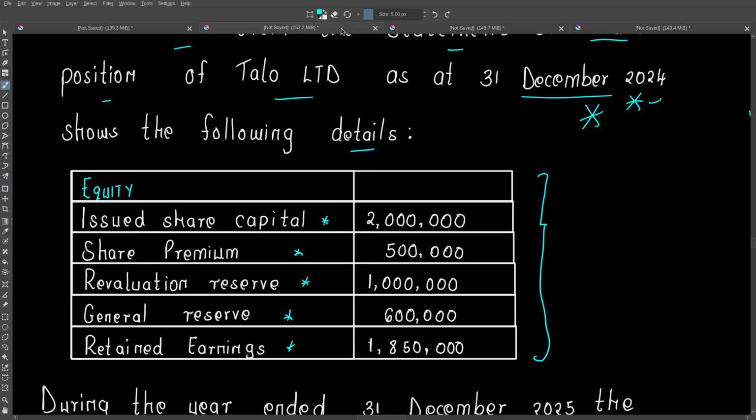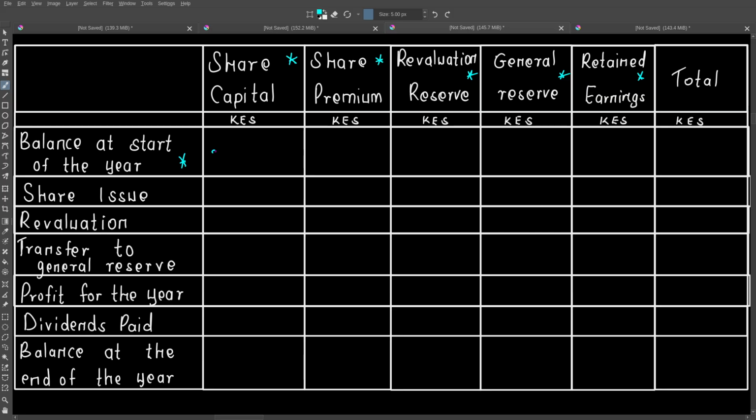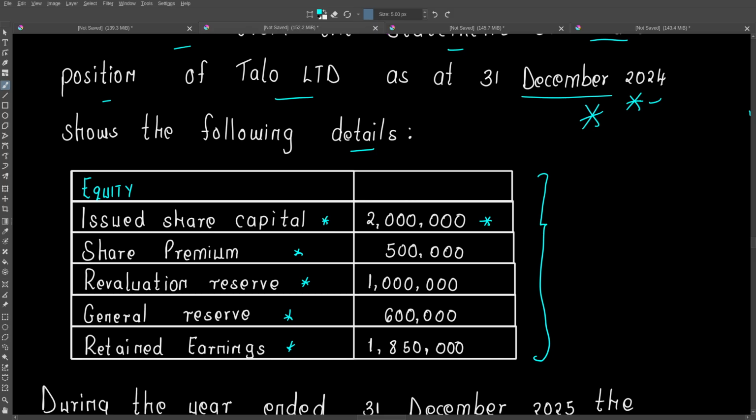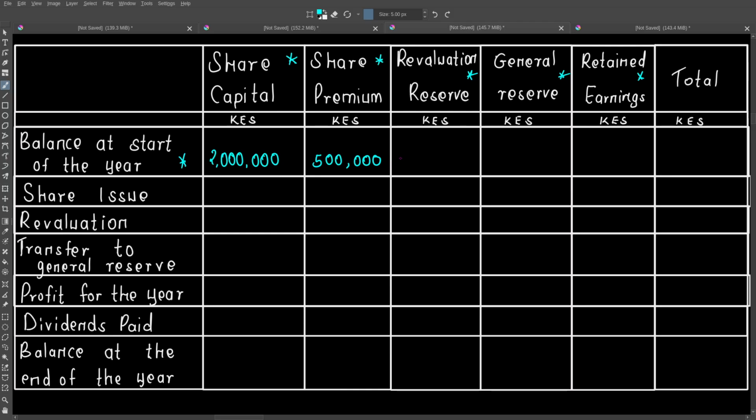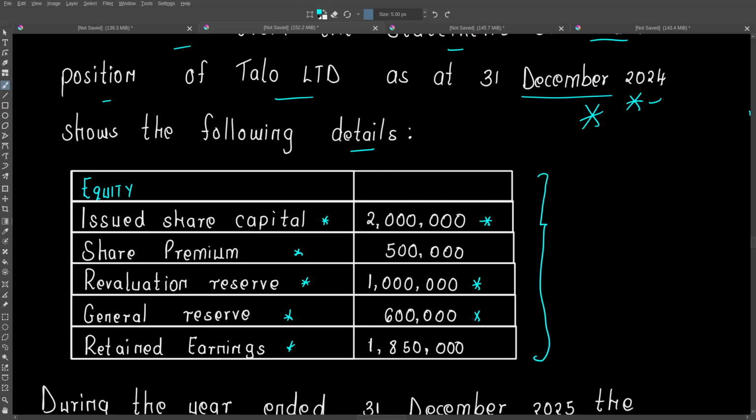So how are we going to fill in our opening balances? In our share capital, we have 2 million. Then we have share premium, which is 500,000. Then our revaluation reserve is 1 million. Then we have general reserve, which is 600,000.